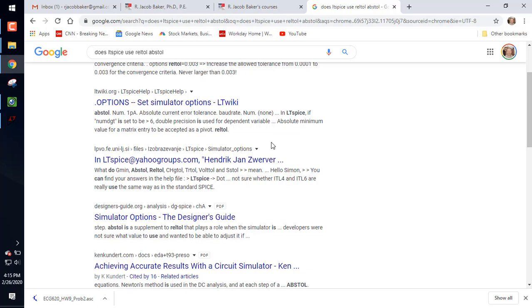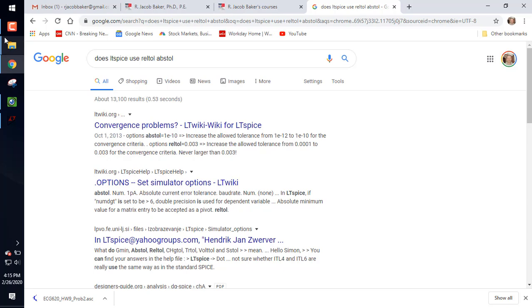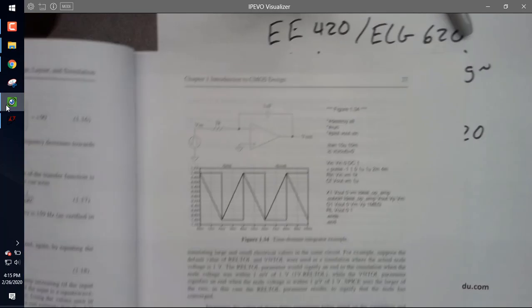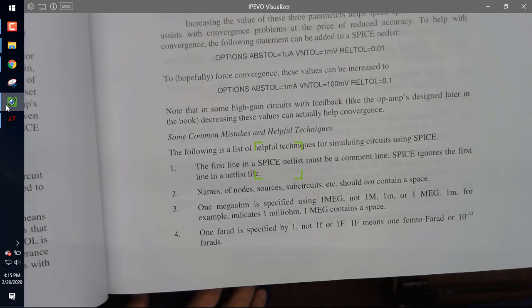if you look here at the bottom of page 27, it says some common mistakes and helpful techniques. And so these are what you look at when you start having problems.